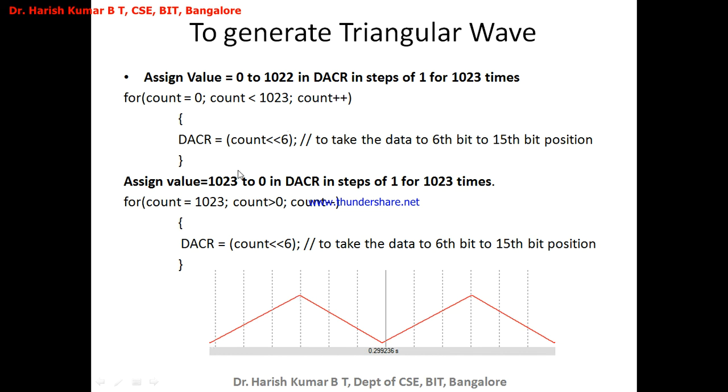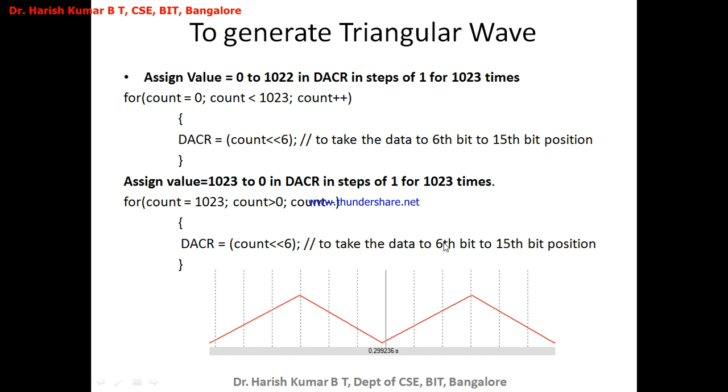Similarly, in the next loop, value is equal to 1023. I'm down counting from 1023 because my waveform should go like this. Now it should decrease at this point. The value is 1023. Now I should decrement: count equal to 1023, count greater than 0, count minus minus. That is what I'm doing. First the initial value is 1023, left shifted by 6 times.